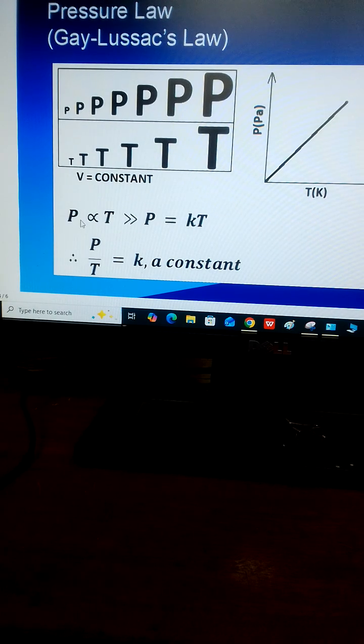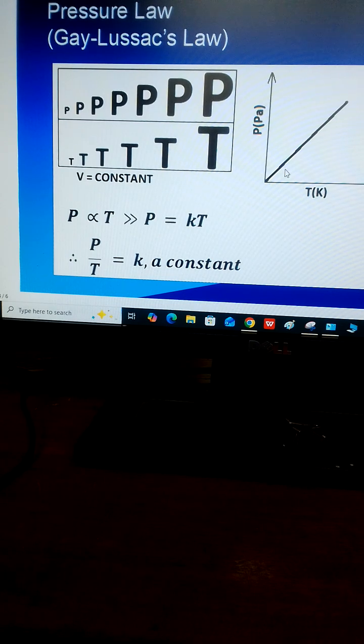Pressure is directly proportional to temperature at constant volume, implying that P is equal to K times T, where K is a constant. If we make K the subject of the equation, then we divide both sides by T, we get P over T is equal to K. That is constant. So this is Gay-Lussac's law or the pressure law.